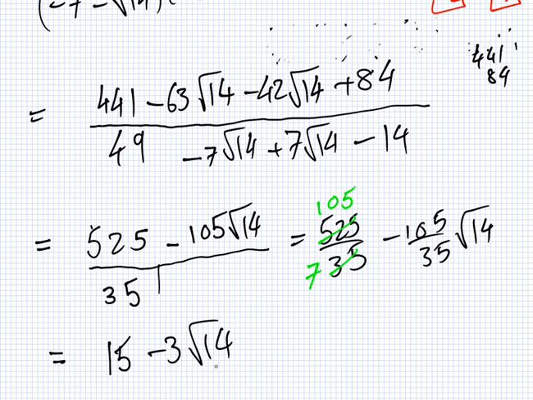Now I can divide by 5. So the first one is 15 over 7. If I put a 5 here to make 7, and a 5 here to make 105, then 7 can go into this 15 times. So it is 15 minus 7 root 14.